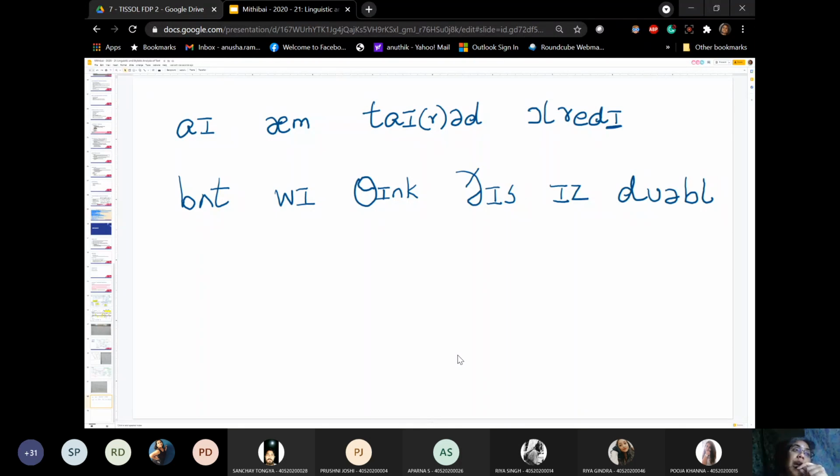It may be that you write your name as Anusha, but the Bengali may pronounce it differently. But at the same time, the written script may still be the same. So it really depends on which language the word originated from. And the pronunciations will therefore differ. And that's the beauty of English and the complexity of English.